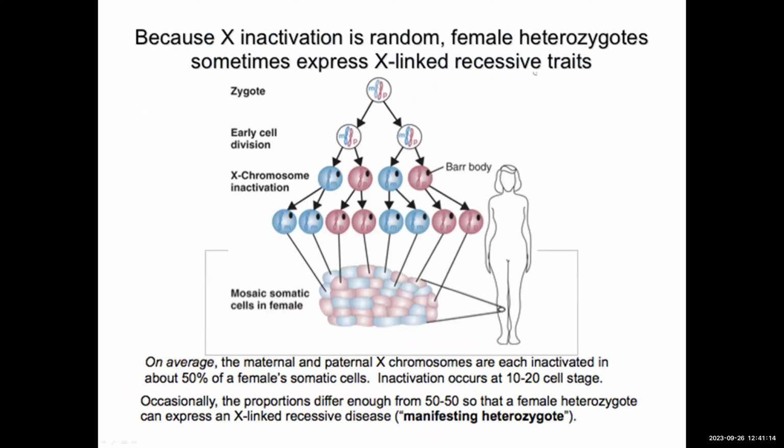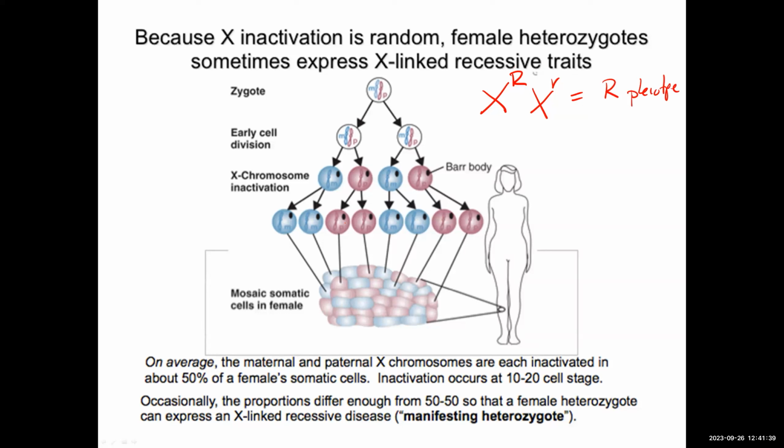This is also why we see this idea of the manifesting heterozygote. Most of the time when we're thinking about heterozygosity like this, we would expect that this is either going to be dominant, whatever the R is, we'll see the R phenotype, or we'll see some kind of intermediate phenotype.